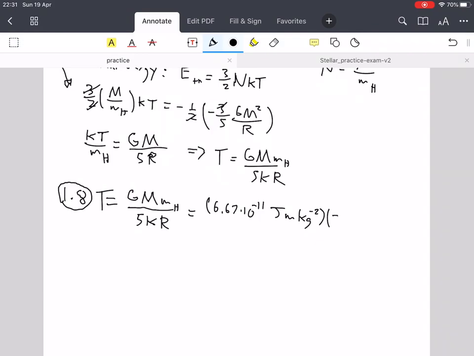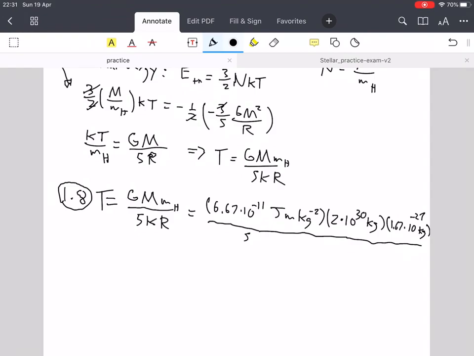Then we can look up, this was for the mass of the sun. So we know that one solar mass is 2 times 10 to the 30 kilograms. Okay. And then we have the mass of hydrogen, which is 1.67 times 10 to the minus 27 kilograms.